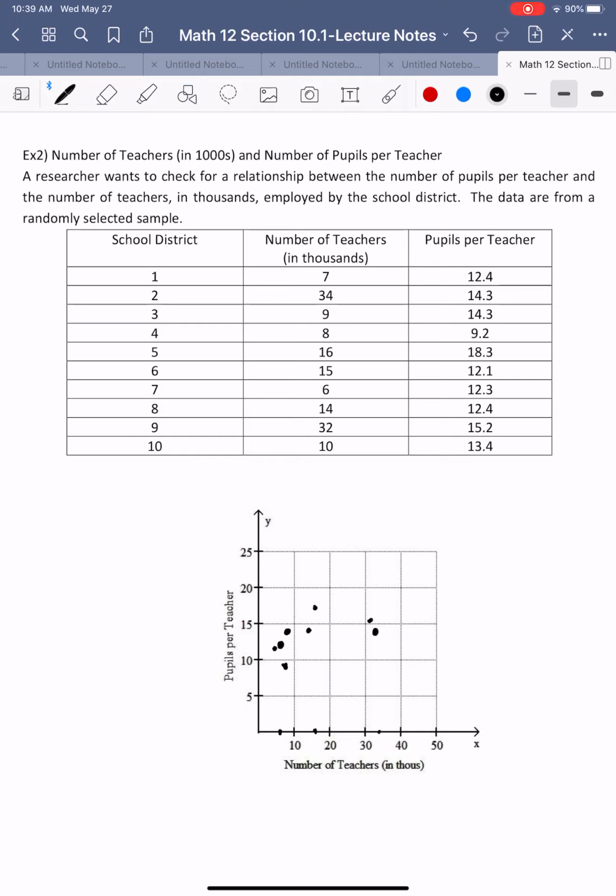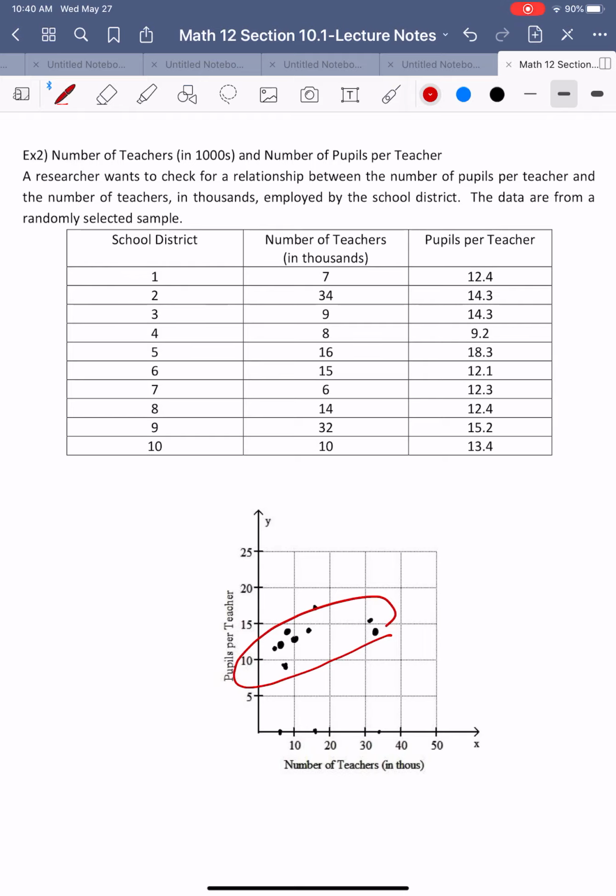And then District 10 has 10 teachers, with 13.4. So 13.4, which is about here. Okay. All right. So yeah, this kind of relationship. So do you think that this is linear too? Kind of, but yeah, it's a little bit flat.